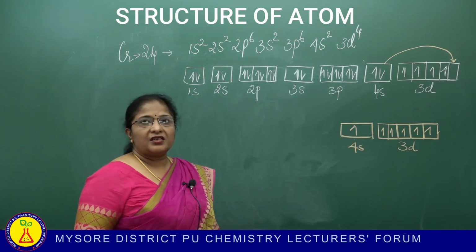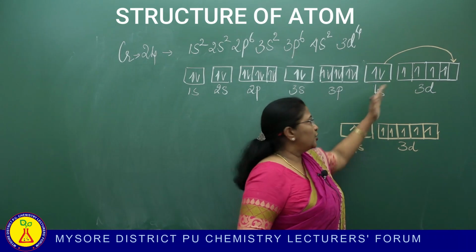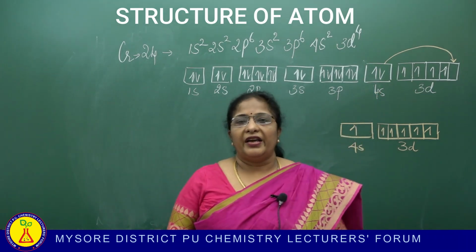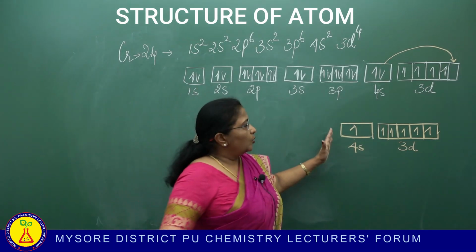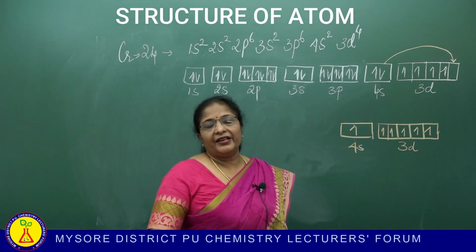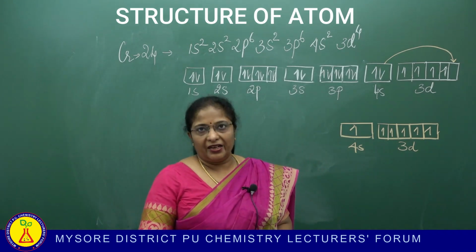Why does it have extra stability? The first reason is that during the exchange of electrons from the 4s to the 3d, there is loss of energy, which you call the exchange energy, and also when the electrons are placed singly in the orbitals, there is less repulsion between the electrons.